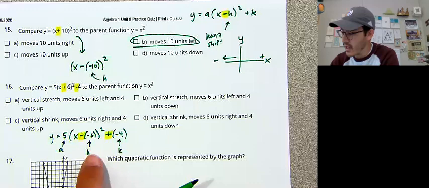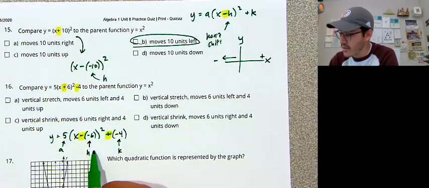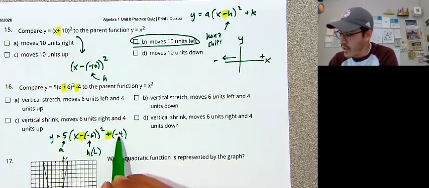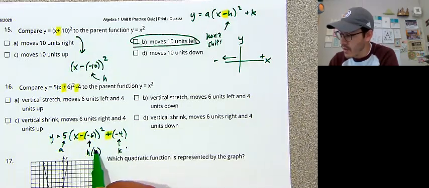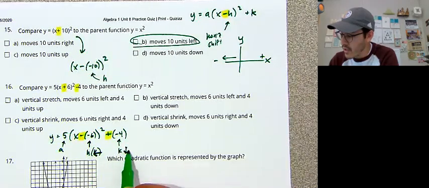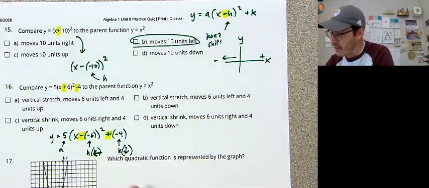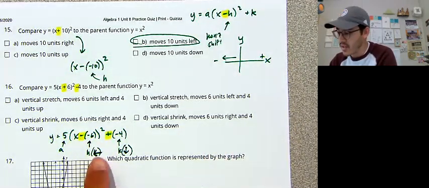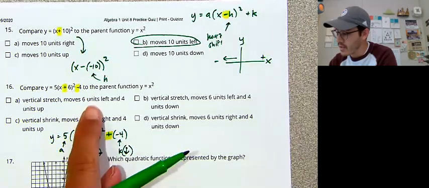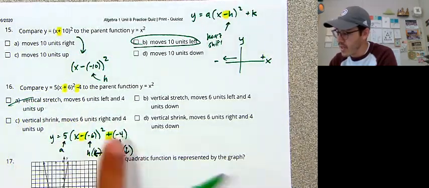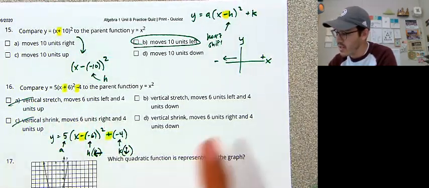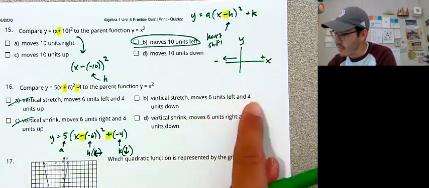So we know that if h is negative, that's going to be to the left, so just put L. If k is negative, that's going to be down. Let's draw an arrow pointing to the left and an arrow pointing down. Okay, so let's just look for answer choices that say 6 to the left and 4 down. 6 to 4 up, so it's not A. 6 right, so it's not C. 6 left, 4 down.